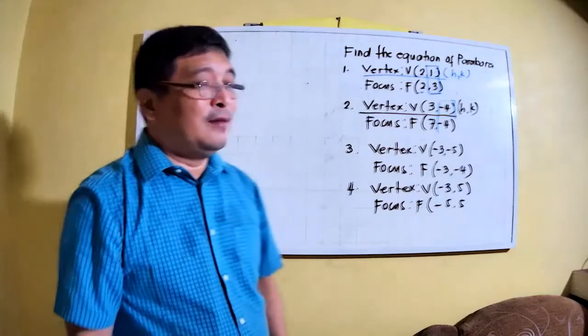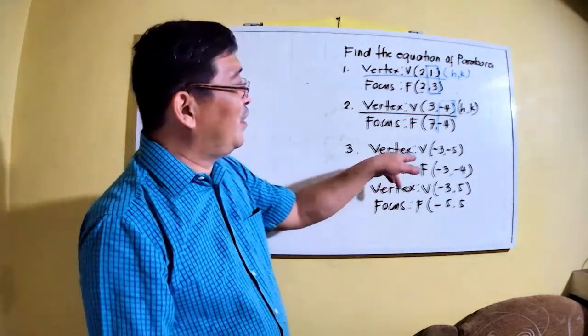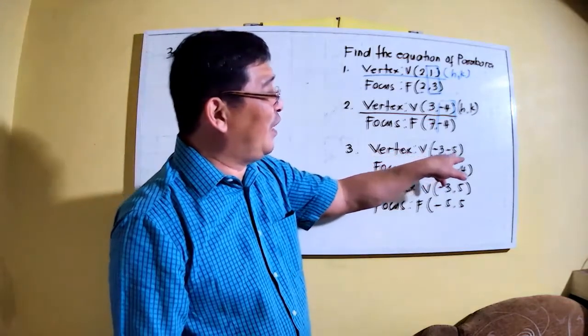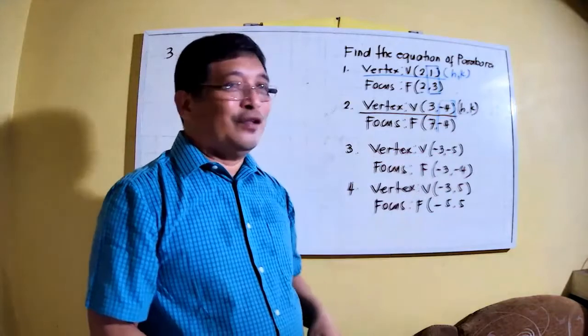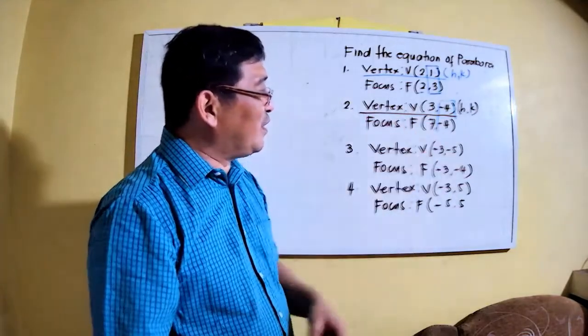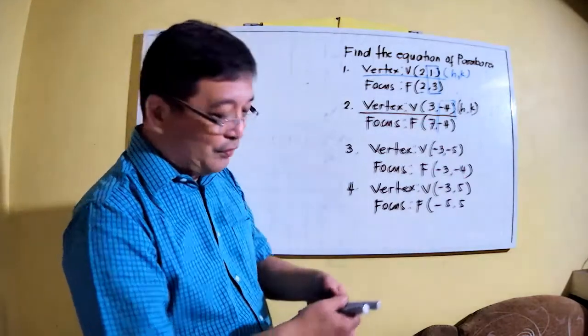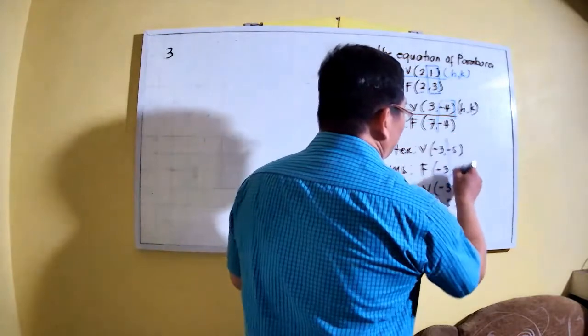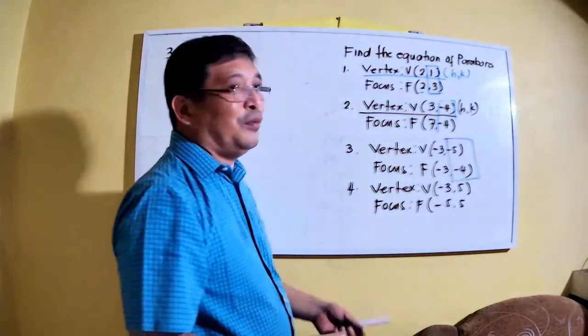Okay. Number 3, we have here the vertex V is equals to negative 3, negative 5. Focus is negative 3, negative 4. Now another question, again, where is the movement at this given coordinates? At y value, we have here negative 5 and negative 4.